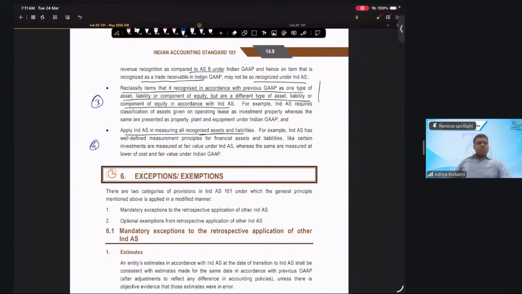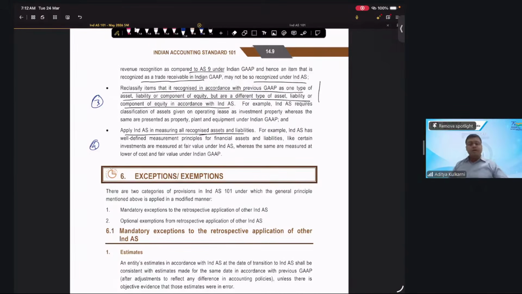Basically, these four principles, even if Ind AS 101 was not there, you would be following it. This is not specific to Ind AS 101. What Ind AS 101 seeks to do is, it seeks to simplify your life at the time of adoption of Ind AS. It seeks to give practical exemptions where you face practical difficulties.